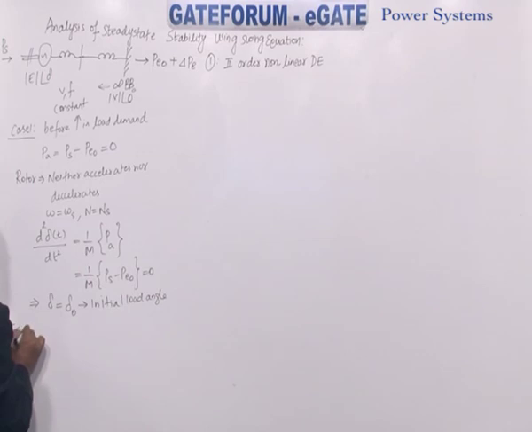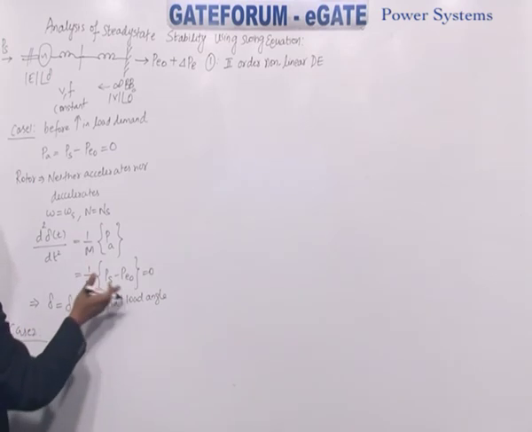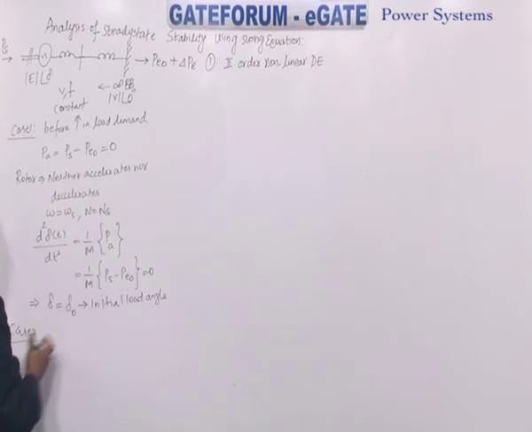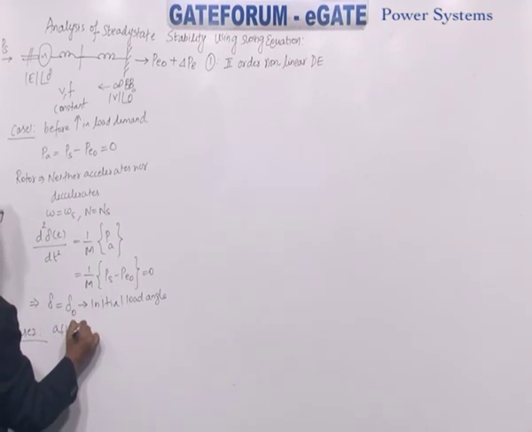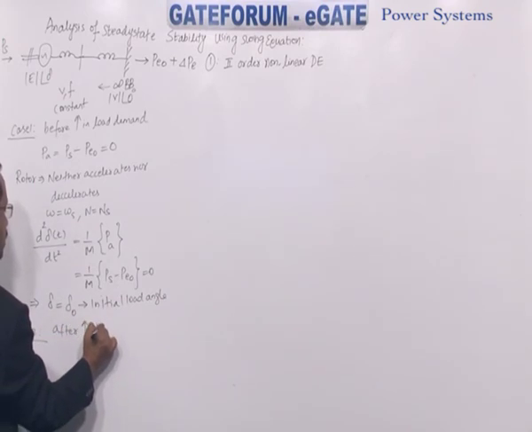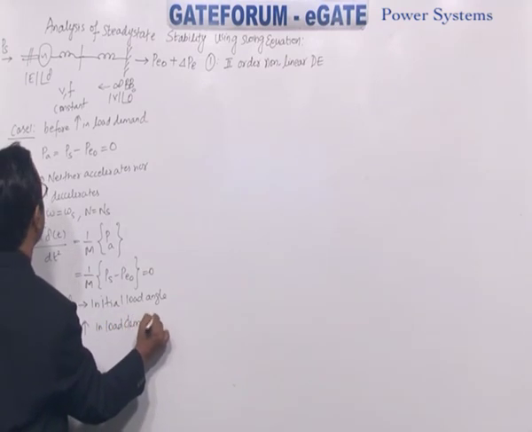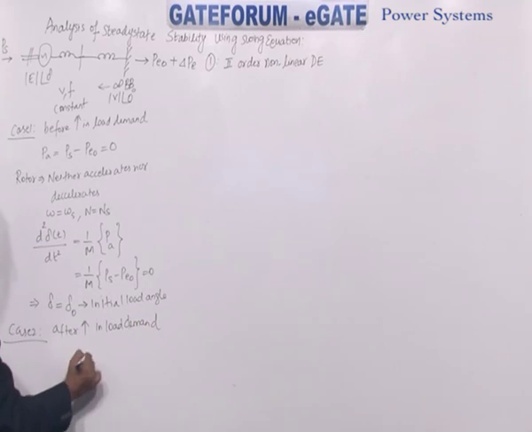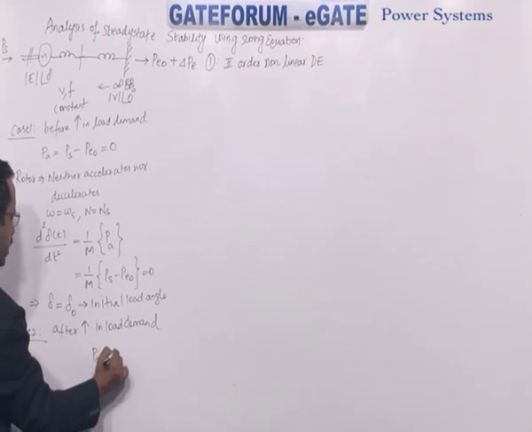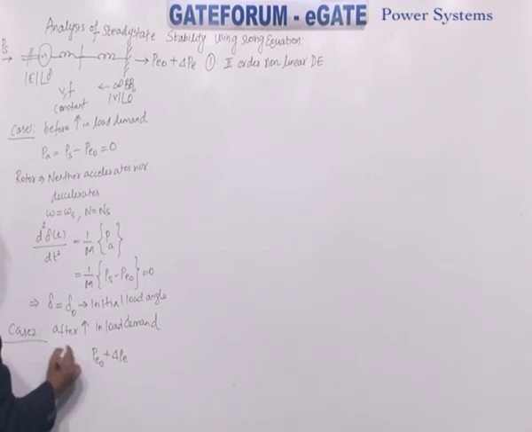Now we represent case 2. You can write this equation for case 1 also. And now we develop case 2, that is, after you increase the load demand. So initially Pe naught, now delta Pe is added. So what about Pa now?